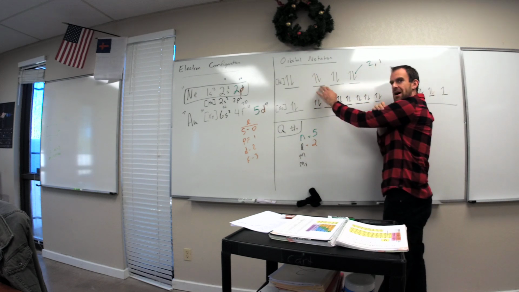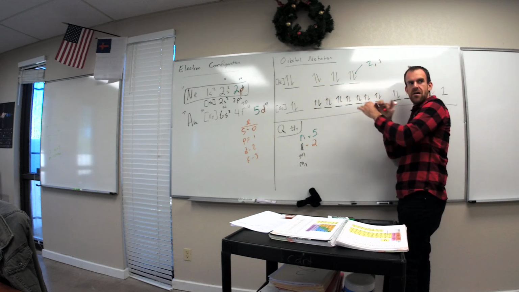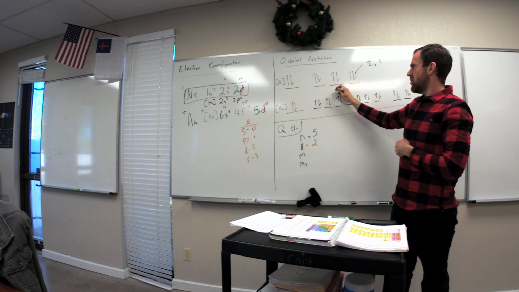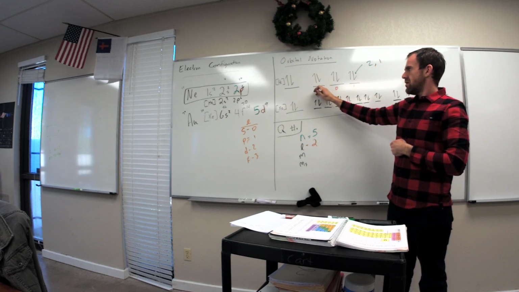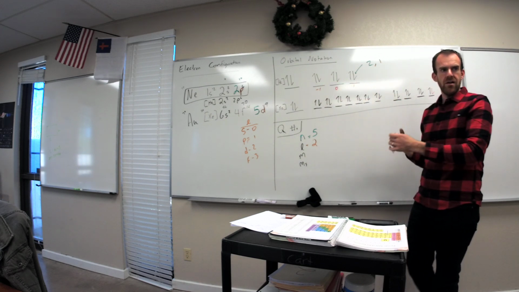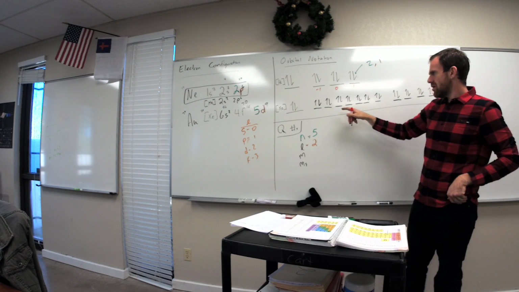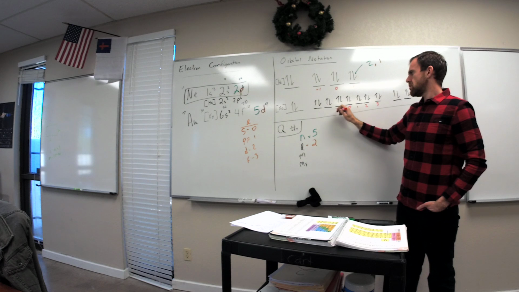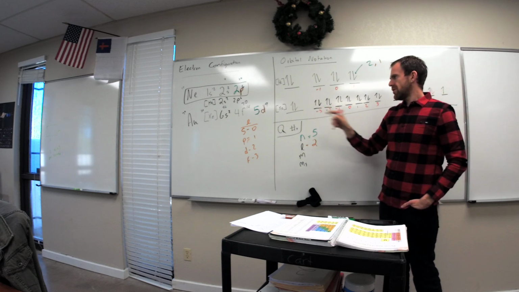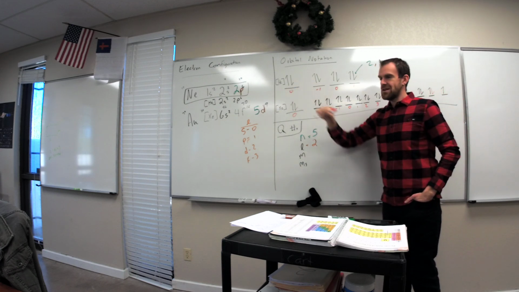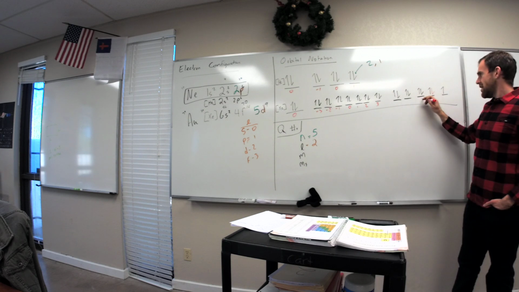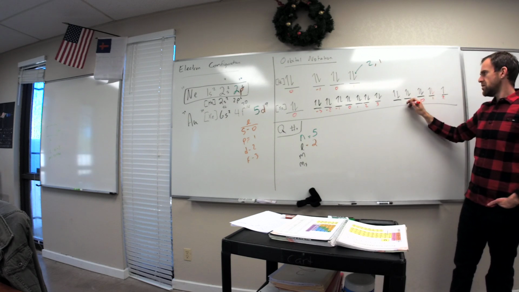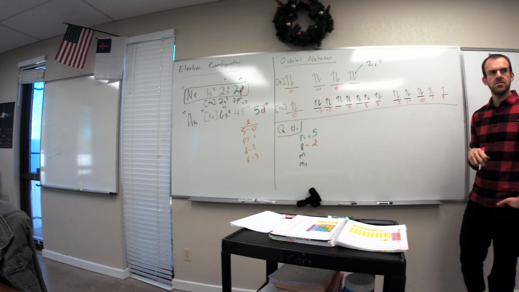So is it in the left spot, the middle spot, or the right spot? The middle is always 0. And then you count out from there. So for this F orbital, for the s orbital, you just have 0 as an option. For d, you can go up to 2.